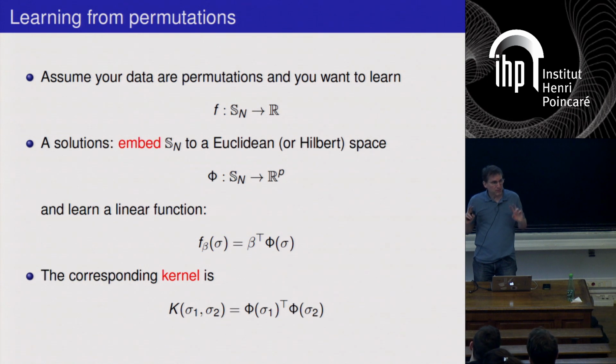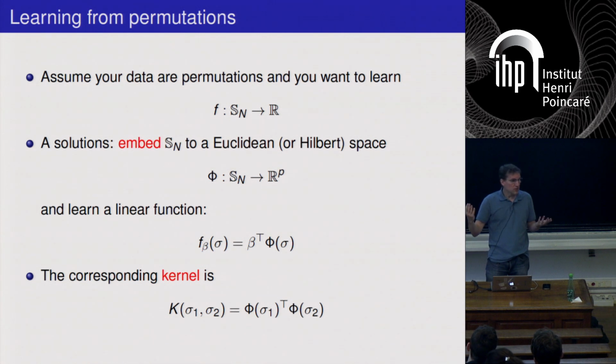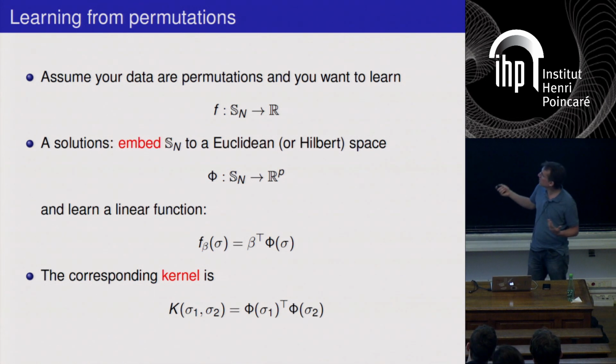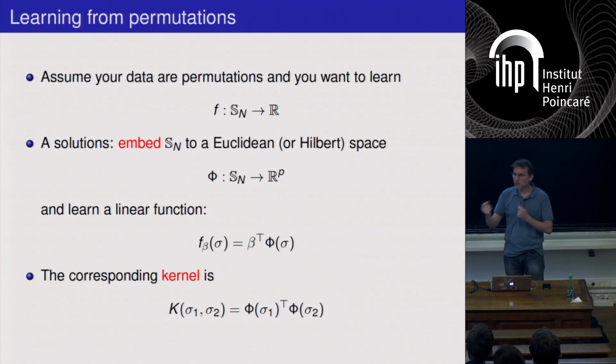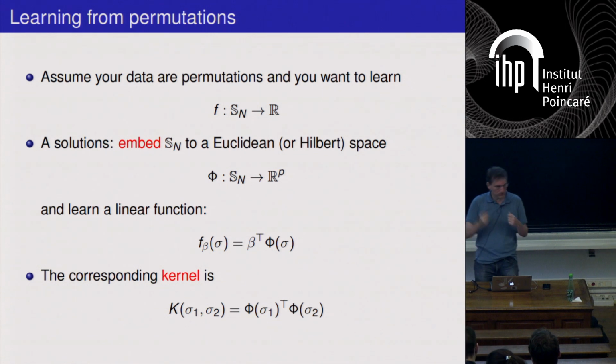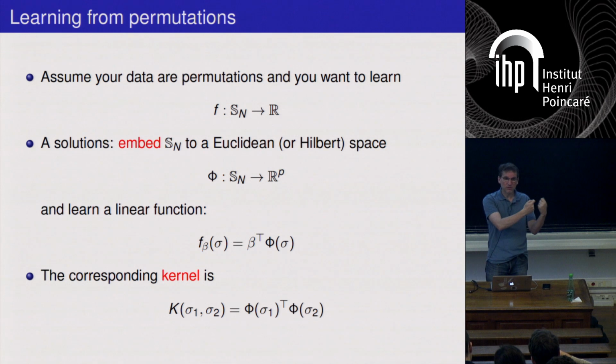Just in terms of vocabulary, as soon as you have a mapping to vector space, you can call kernel something which is just the inner product in the feature space. And I will use the word kernel sometimes because it's useful to explain some of the geometry in the feature space. So kernel is just something associated to the mapping phi and defined as the kernel between two permutations is defined as their inner product once you have transformed them into vectors.